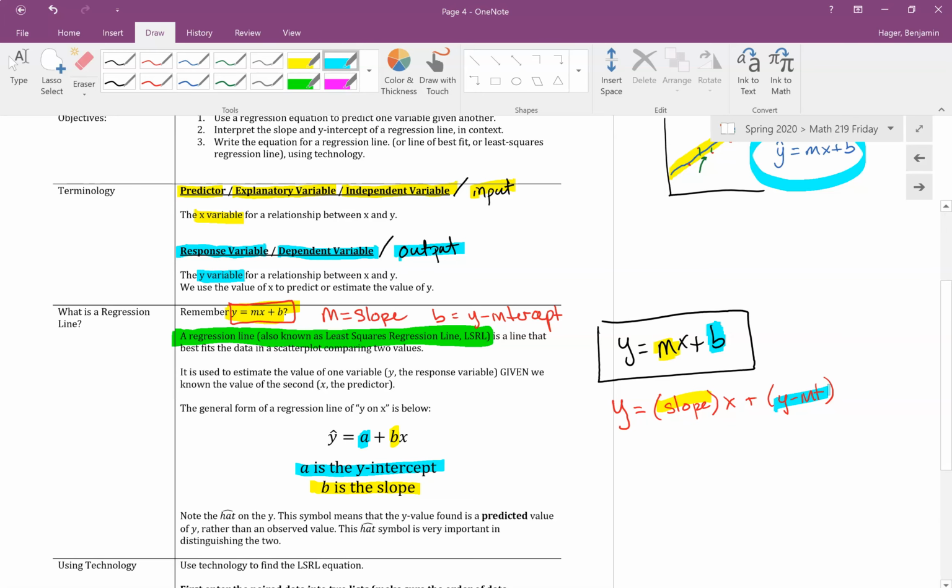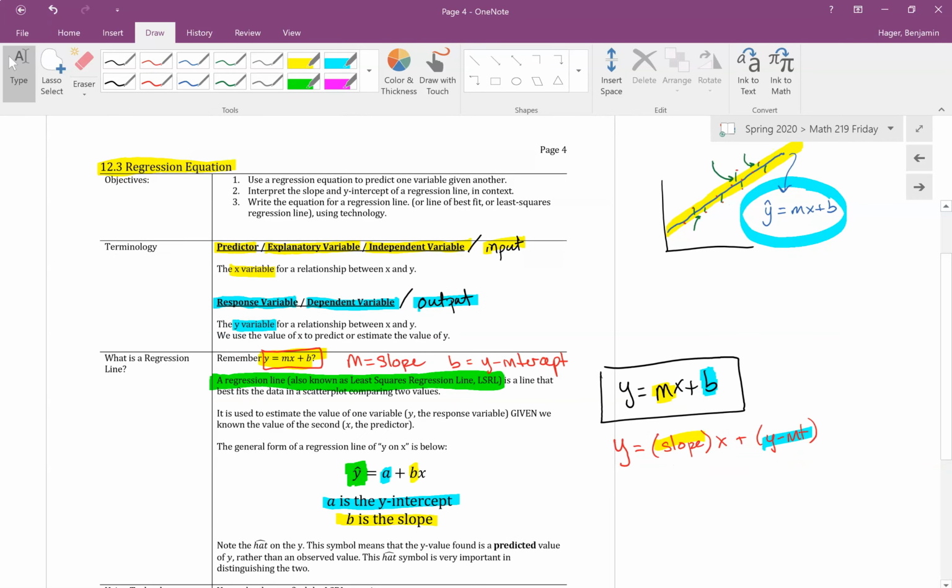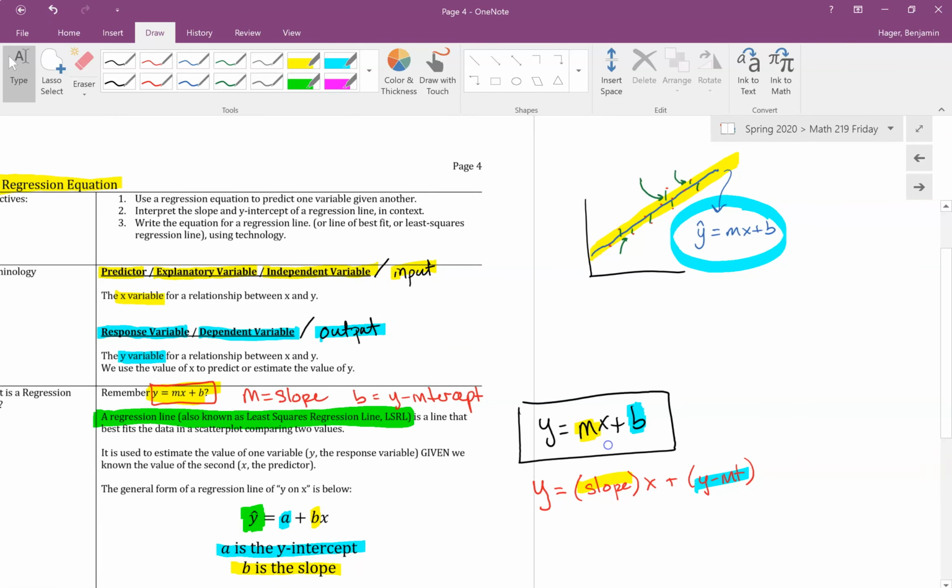Now there's something else different here, and it's really important. Do you notice they put a hat over the y? Okay, that's really important to include because what we are getting from the computer is not a line that 100% captures all these data points. You could see from the quick picture I drew, some of these data points are above the line, some are below the line.